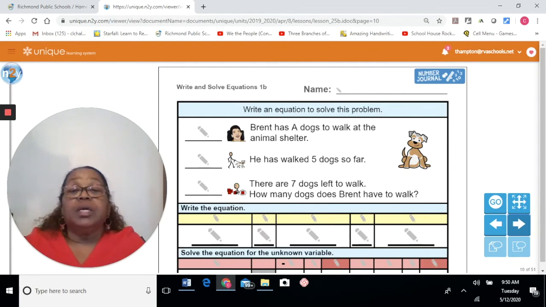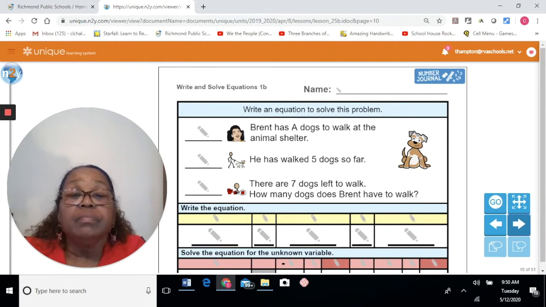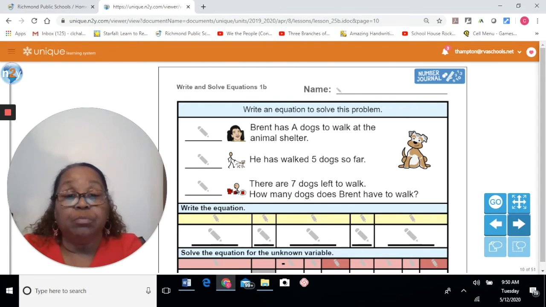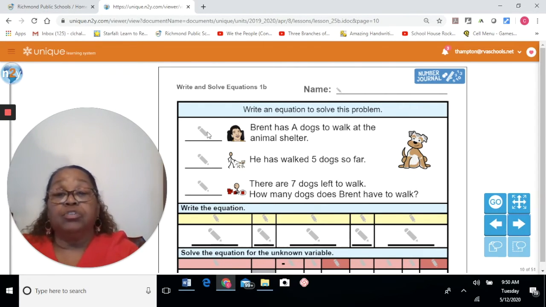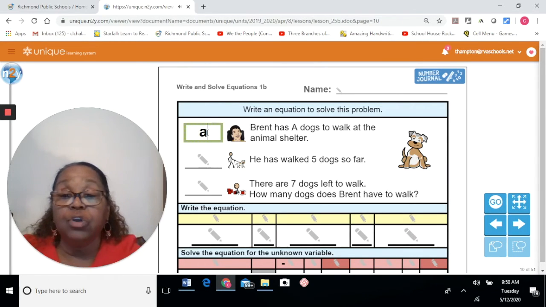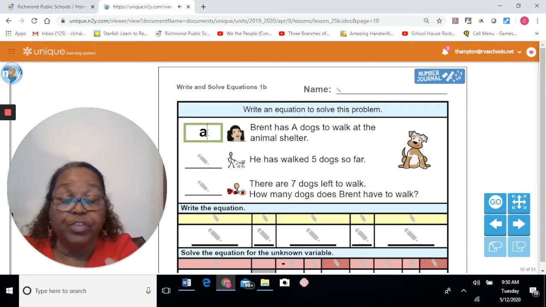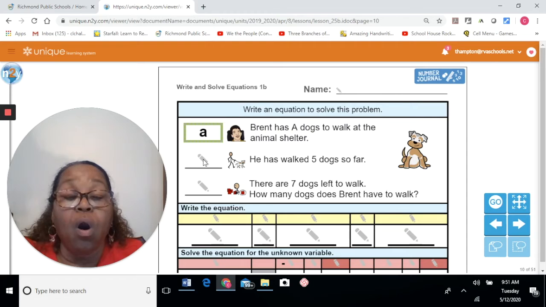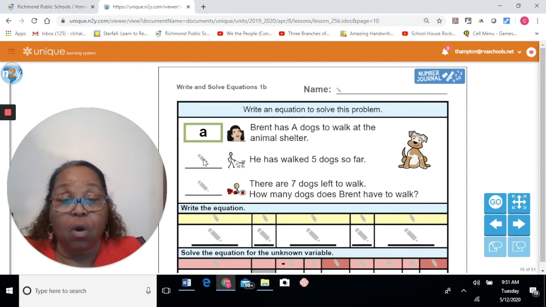All right, so let's read our equation. It says Brent has A dogs to walk at the animal shelter. So there are no numbers here. They're telling us that so A is our unknown variable today for this problem. Okay. And this one, he has walked 5 dogs so far.